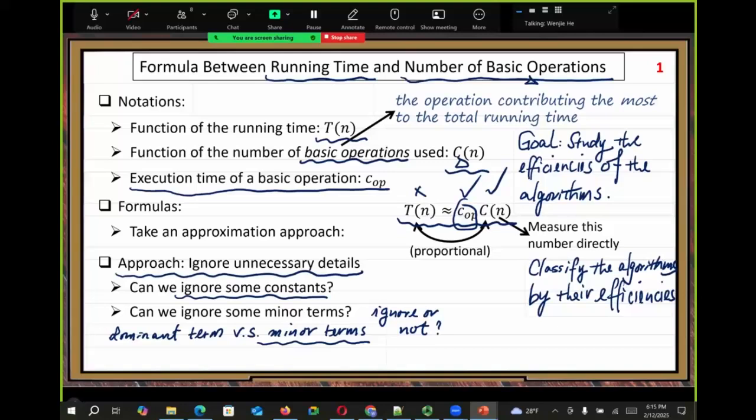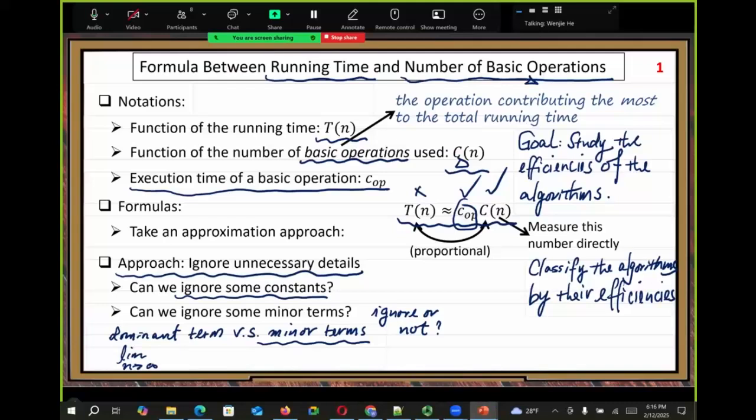Last time, I explained the meaning of dominant term, because how do you interpret the dominance? You need to have some representation for the dominance. Our way to determine the dominance is to use the calculus limit, as the problem size n goes to infinity.